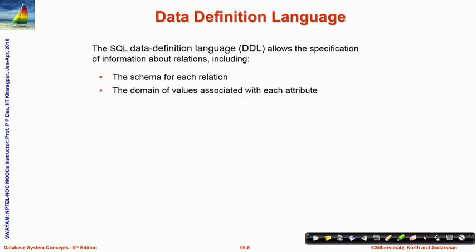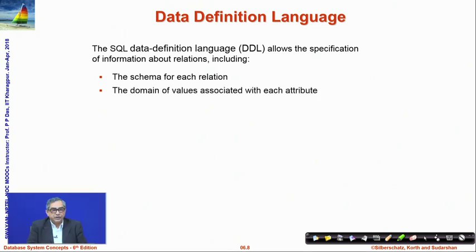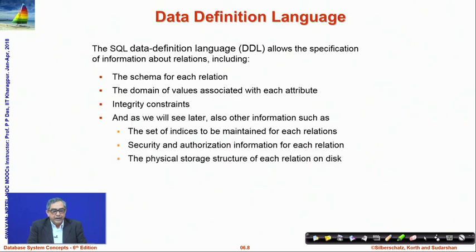It specifies the domain of values associated with each attribute of the schema, and it also defines a variety of integrity constraints. Later in the course, we will see that it also has to specify other related information like indexing, security, authorization, physical storage and so on.